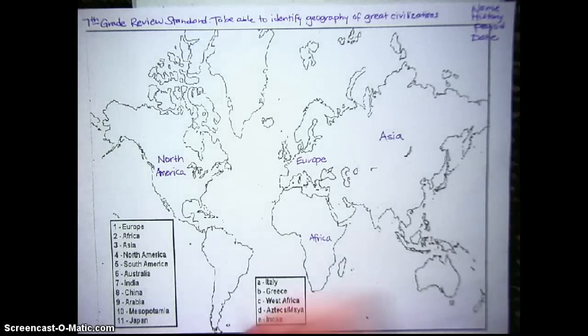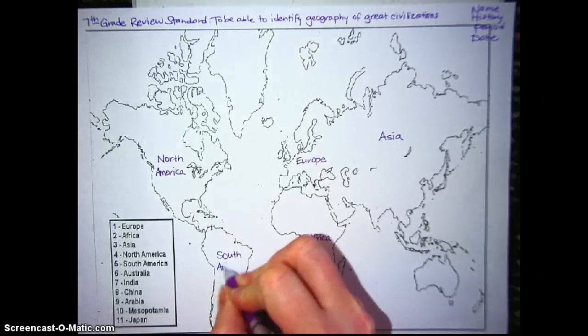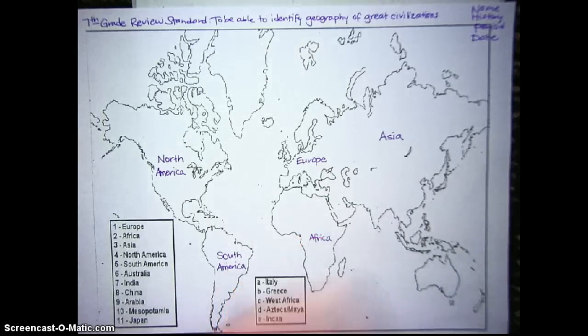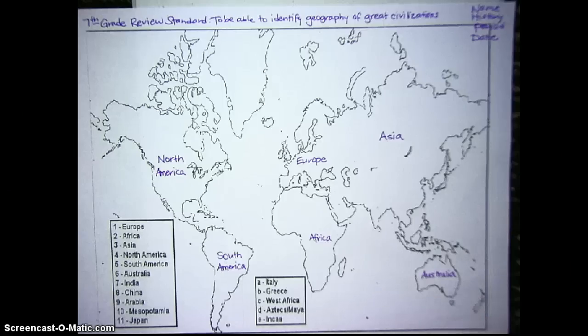5 is South America. It's the bottom part of America. 6 is Australia. Australia is over here. This continent right here. 7 is India.